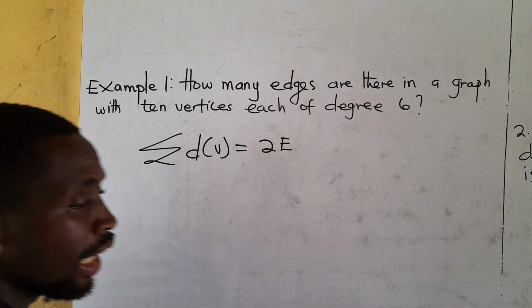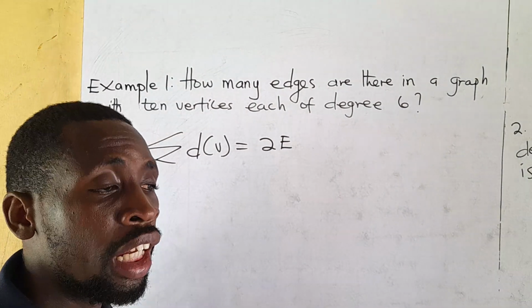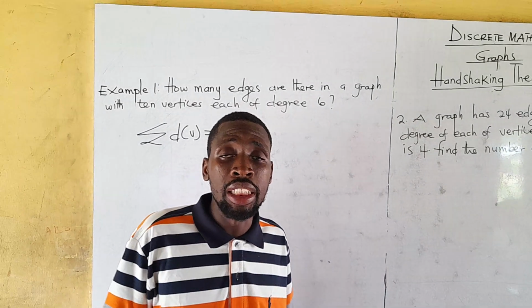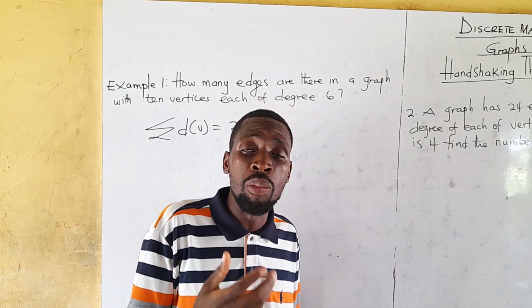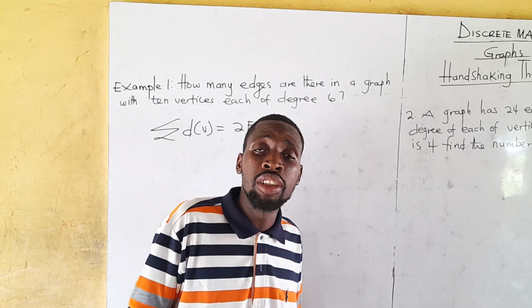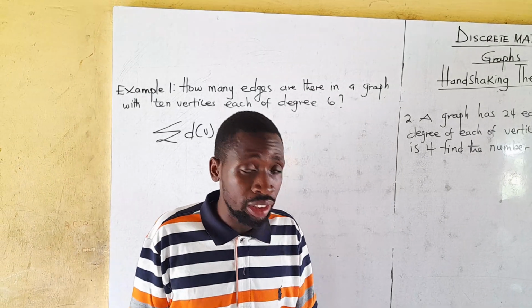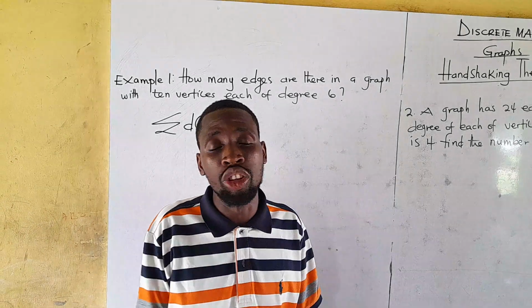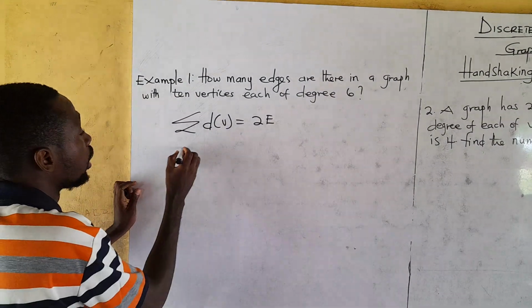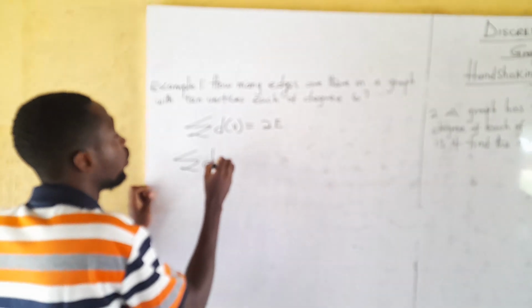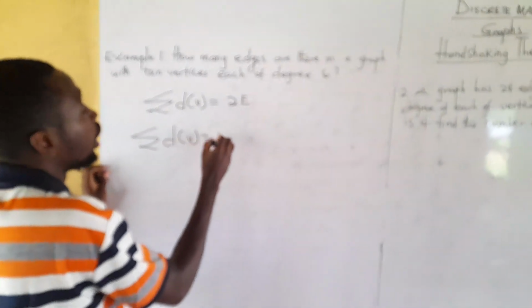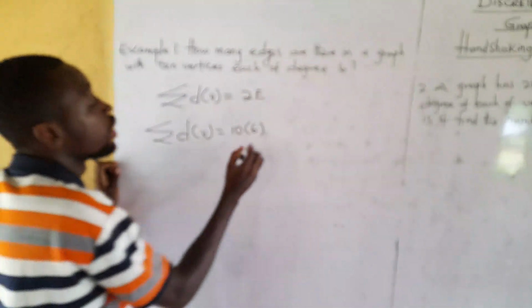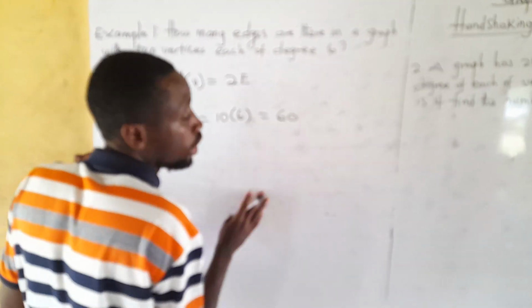If the graph has 10 vertices and each of the vertices has degree 6, then the sum of the degrees of all the vertices is the number of vertices times the degree that each of them has. So the total degree is 10 times 6, which gives us 60.